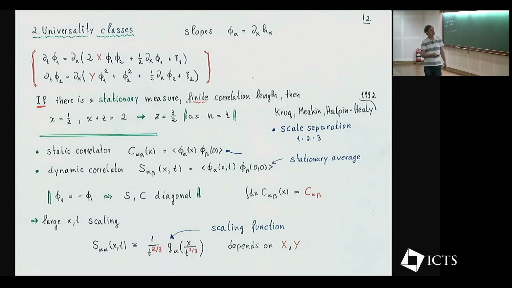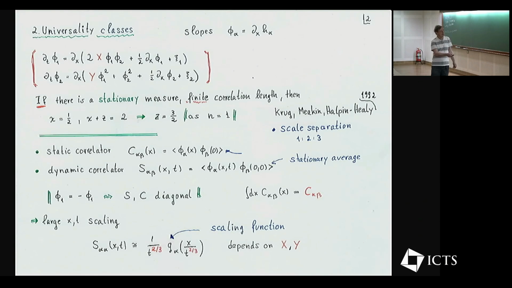And so this, of course, is a big simplification because eventually we just have to look at, for the dynamical correlator, just two functions, the two diagonal matrix elements of that correlator. And then, when I talk about scaling functions, the exponents are fixed already, but when I look at such a dynamic correlator, it's not separately a function of x and t, but it scales with this exponent t to the 2/3, so it will have this form.